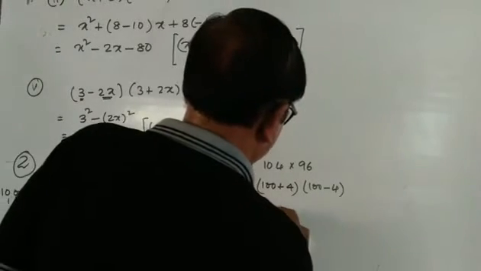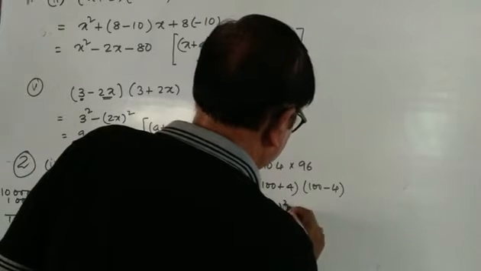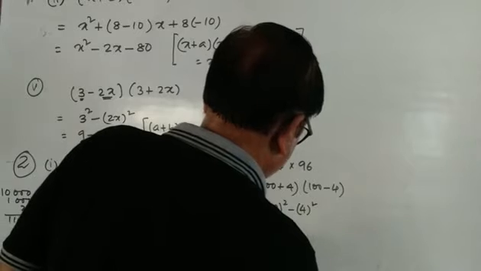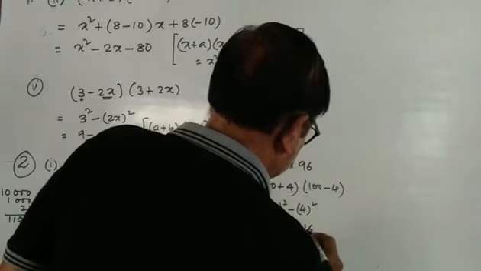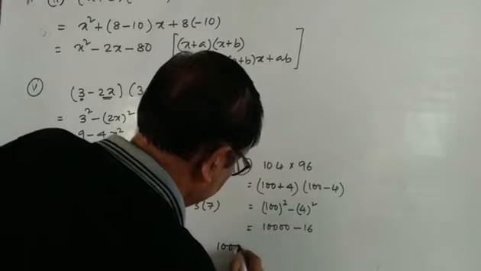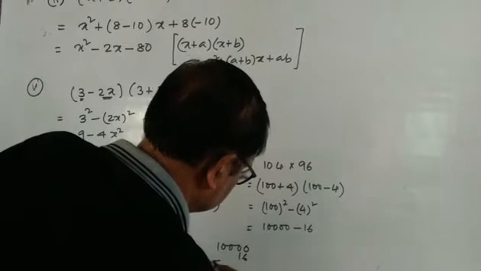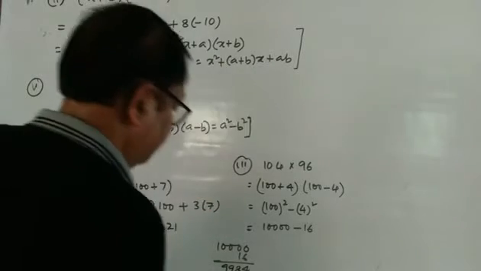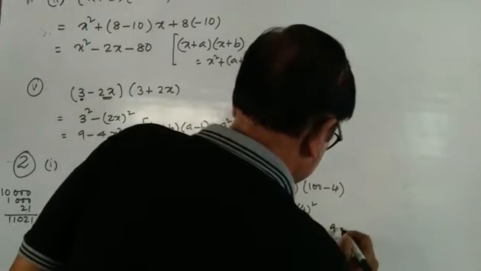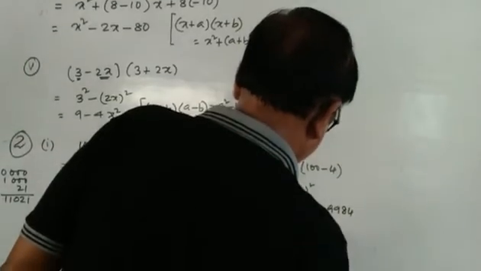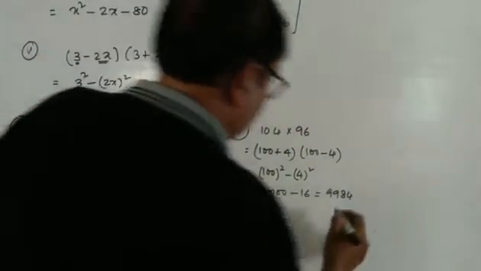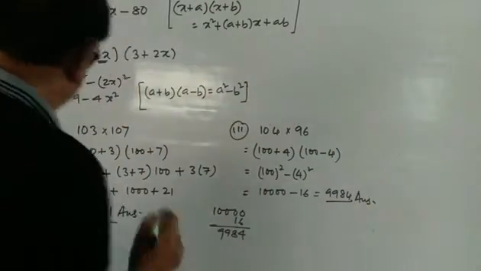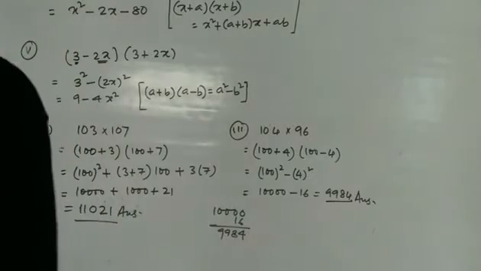So it will be simply a square minus b square: 10,000 minus 16. And that answer is 9984. 9984 is your answer. This was your question number 2, students.